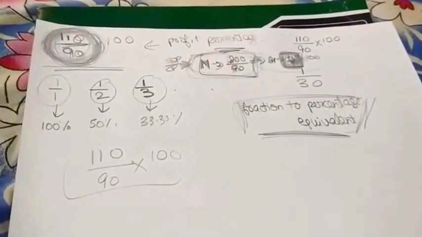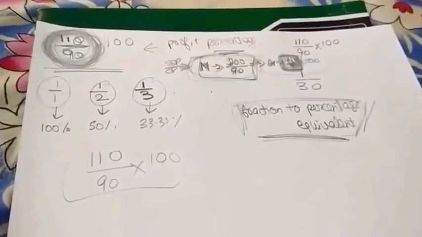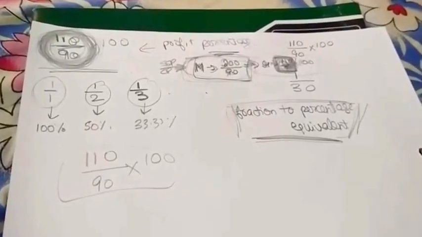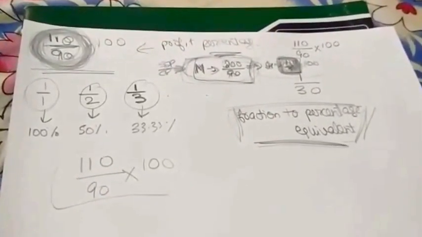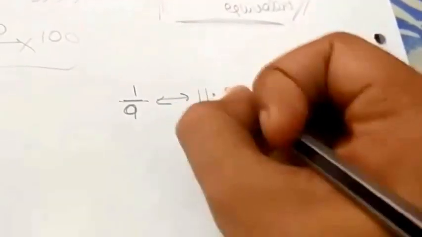And for this I am telling you to learn all of this, how to convert 1 upon 1, 1 upon 2, 1 upon 3 to 1 upon 30. So let's get to it. When you remember all of these, this 1 upon 9 translates to 11.11 percentage.